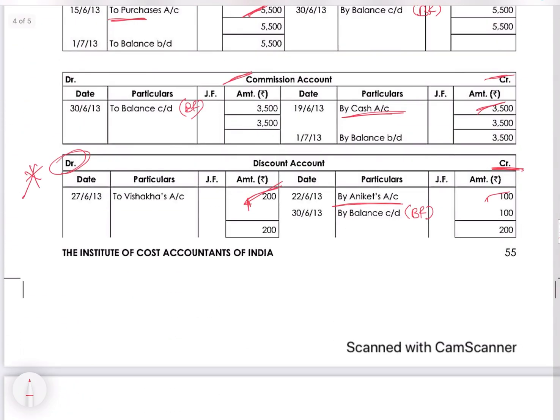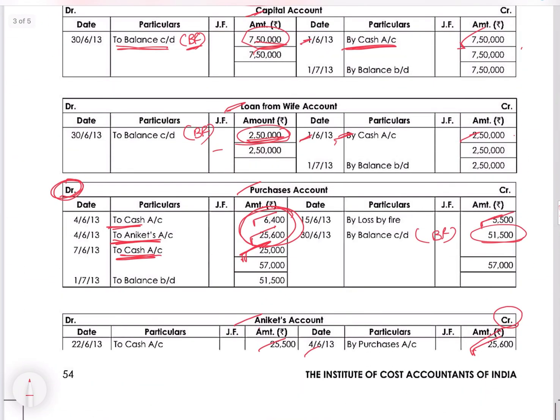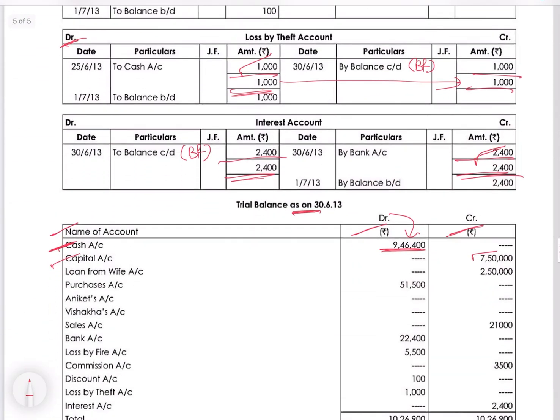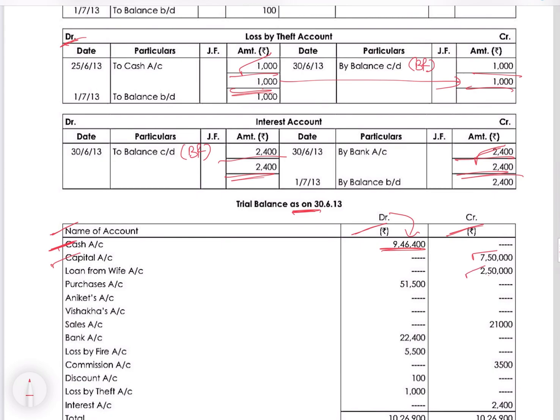Loan from wife is also a credit balance. Credit is heavier, which is why the balancing figure is on the debit side. So my loan from wife has a credit balance of 2,50,000.